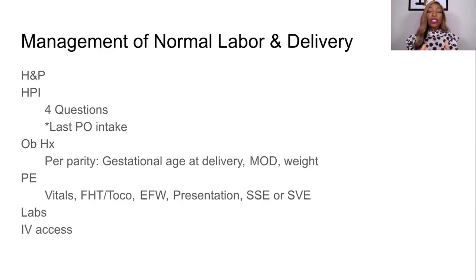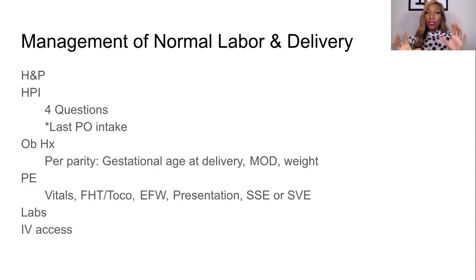And if she had a prior C-section, just one, ask her if she and her provider had discussed a repeat C-section or a trial of labor after cesarean section. And the trial of labor is different from VBAC in that trial of labor is a trial. VBAC is the success of it, or vaginal birth after cesarean section.